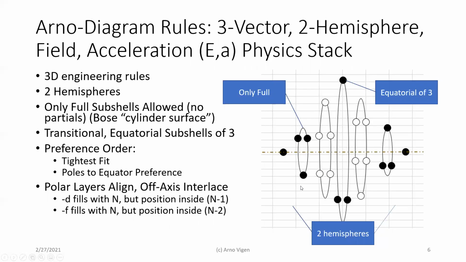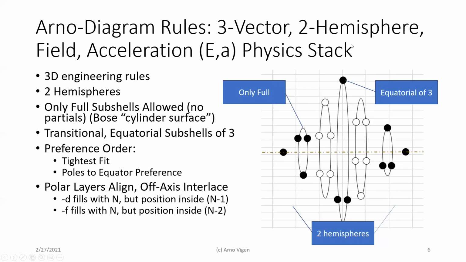But what happens with the odd count elements? Well, if you have 3 at the equator, that's an odd number, and you don't have to have a balancing pair. And that's important here for your boron.